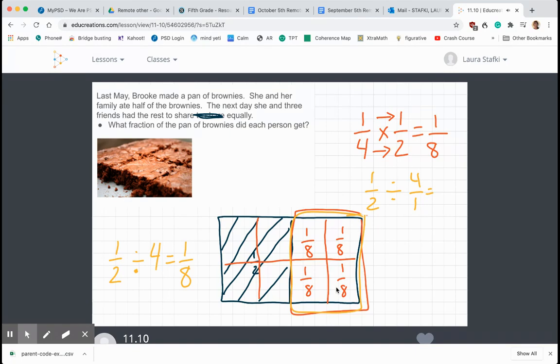Okay, so I'm hoping you did the keep it, switch it, flip it, and then you multiplied straight across, and you figured out that the answer was 1/8. Now you know both ways how to do this. You know how to draw the picture, get a visual representation, you understand the meaning of this type of division, and how you get the answer using an algorithm. This is the algorithm right here.